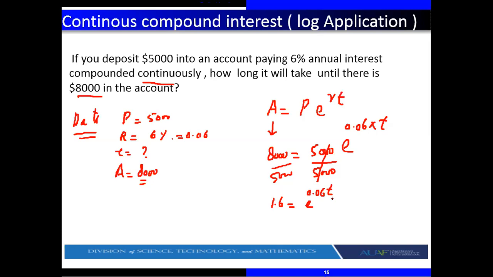So how do we find t? There is only one thing that can deal with the power exponent, that is the logarithmic function. If you take the log on this side, log of 1.6, and we have e here, so you can take the natural log. You can take both, but the natural log will be easy.